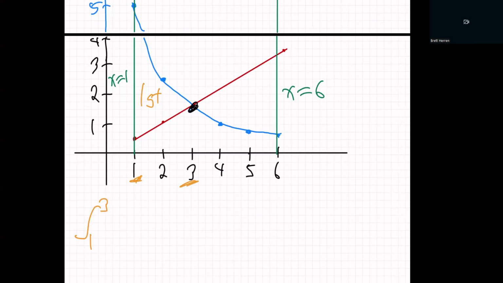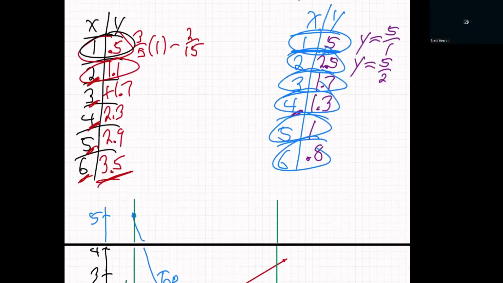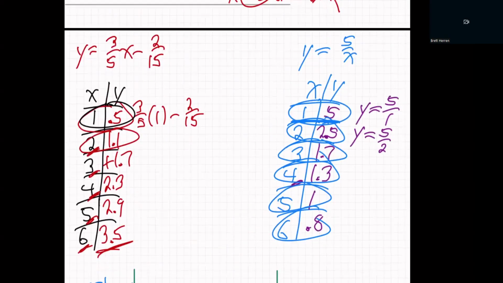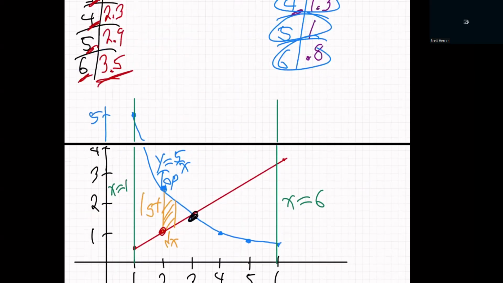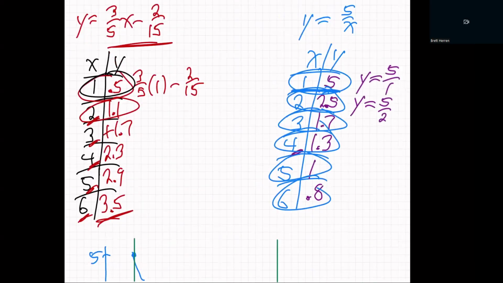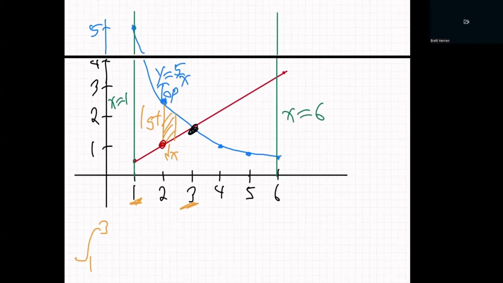And each of these is going to have little rectangles in it. Here's one of the rectangles. It's going to have dx as its width, and its height will be the top function in that section, the blue one, which is 5 over x, and the bottom function, the red line, y equals 3/5 x minus 2/15.